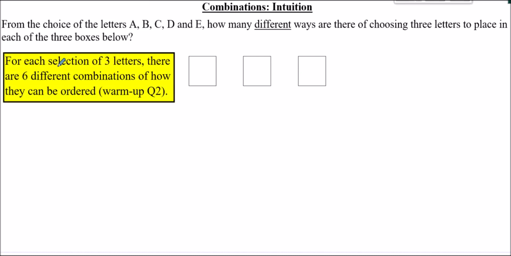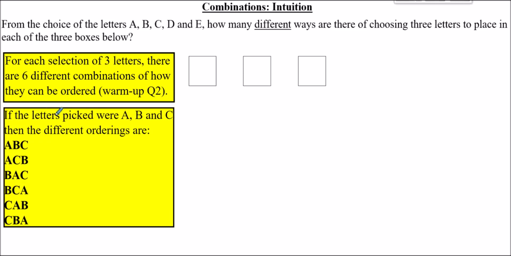So for each selection of 3 letters, there'd be 6 different combinations of how they could be ordered. That's from warm-up question 2. We saw that when the letters were A, B and C, there's 6 ways of ordering it when there's 3 letters picked. But how many different combinations of letters could we pick if we've got A, B, C, D and E to choose from?